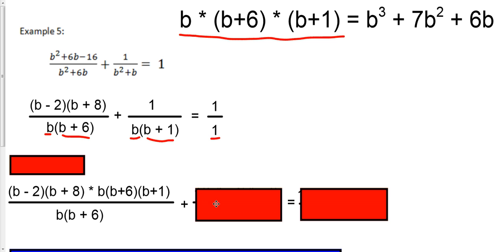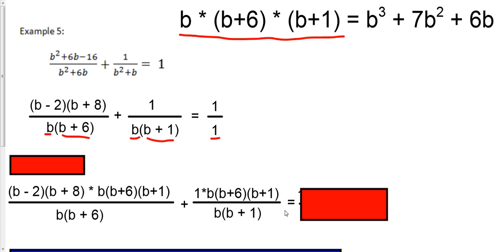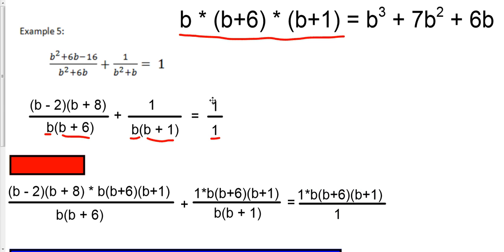This second term is 1 times our LCD, b times b plus 6 times b plus 1, and it stays all over b and b plus 1. Our last term then, we have our 1 from before times the LCD, b plus 6, and b plus 1, and it stays all over 1.